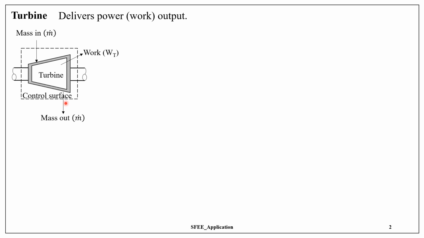In order to know or find out how much power this turbine can deliver, we consider two sections, 1 and 2. 1 is at the inlet, 2 is at the outlet.